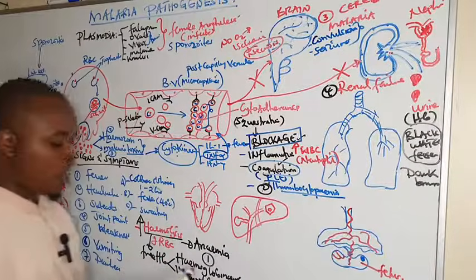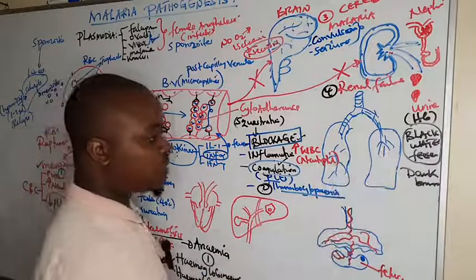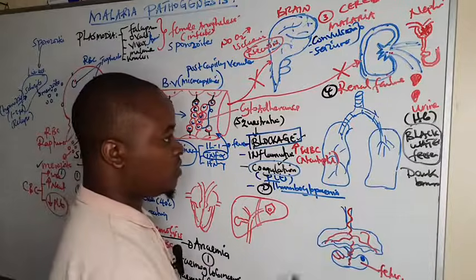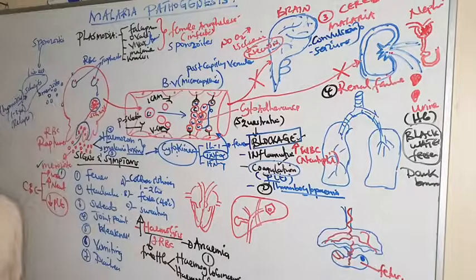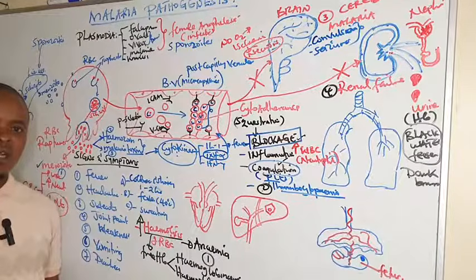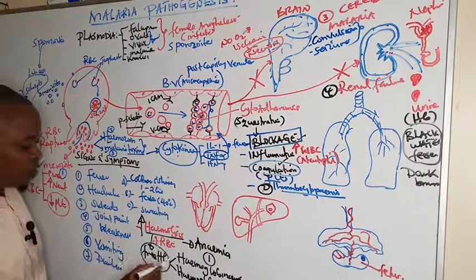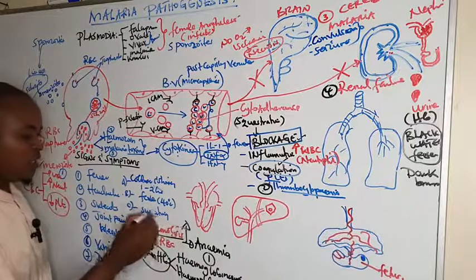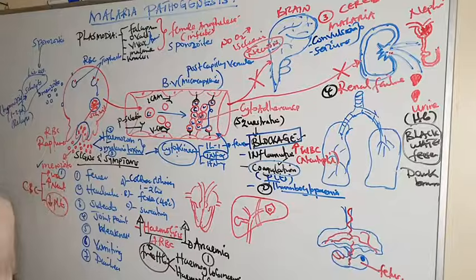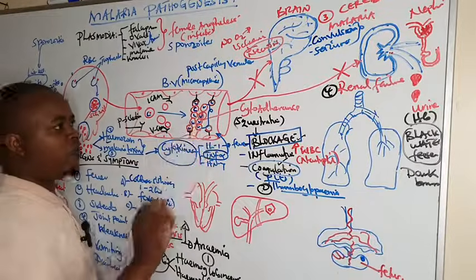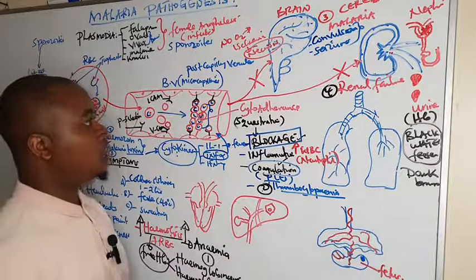So this is another complication or sign which can tell you that you have malaria. That is black water fever, or producing dark brown urine due to presence of free hemoglobin from increased hemolysis. Then let us continue with the organs.